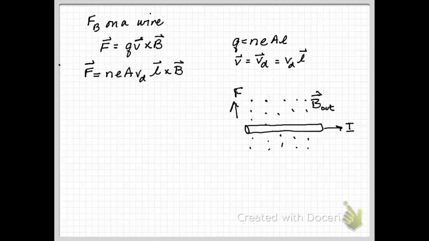And then if you remember back to the equation of drift velocity, the current is equal to NE area times the drift velocity. So that's a rearrange of that equation. And so what we end up with is the current times the length vector crossed with the magnetic field vector.